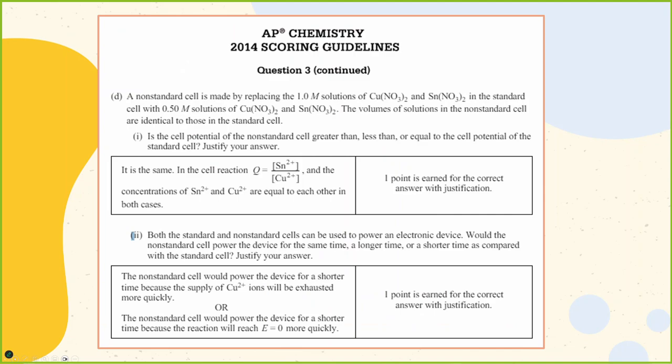So once again, for D1, the Q is still going to equal 1. The concentrations are equal in both cases. Q is 1, therefore the non-standard equals standard. Part 2, the non-standard cell would power the device for a shorter time because the supply of the reactant would be exhausted more quickly.